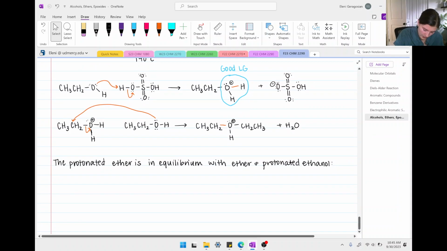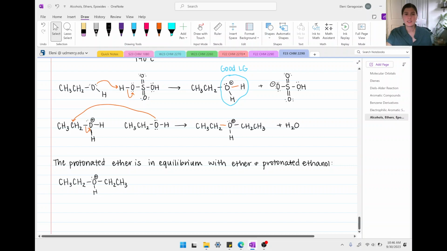If we have our protonated ether, I'm just going to copy down the structure, CH3, CH2, OH, positive charge on oxygen with one lone pair, and then CH2, CH3.